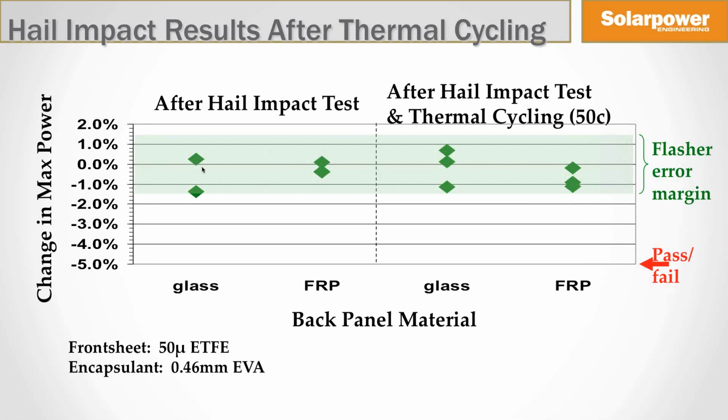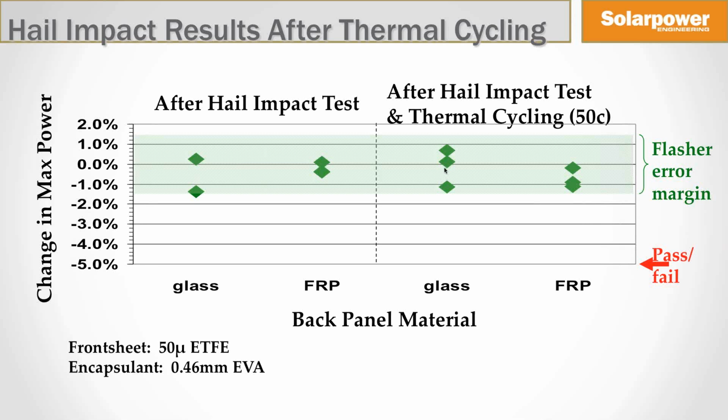In order to further test this module which was hail impacted, we subjected it to thermal cycling, a serious test where it goes from -40 C to 90 degrees Celsius cyclically. And we see that even after that there is no change in the power, signifying that the module doesn't get damaged.